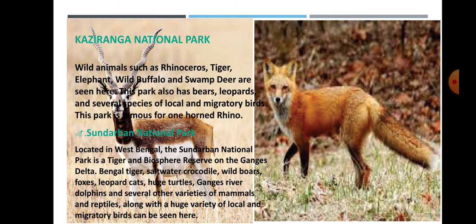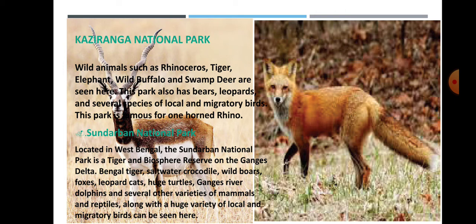Next we are going to discuss Sundarban National Park. It is located in West Bengal, and in the Sundarbans you can mostly see the tiger. They live on the river banks, in the Ganges Delta river biosphere reserve, so they have lots and lots of water there.